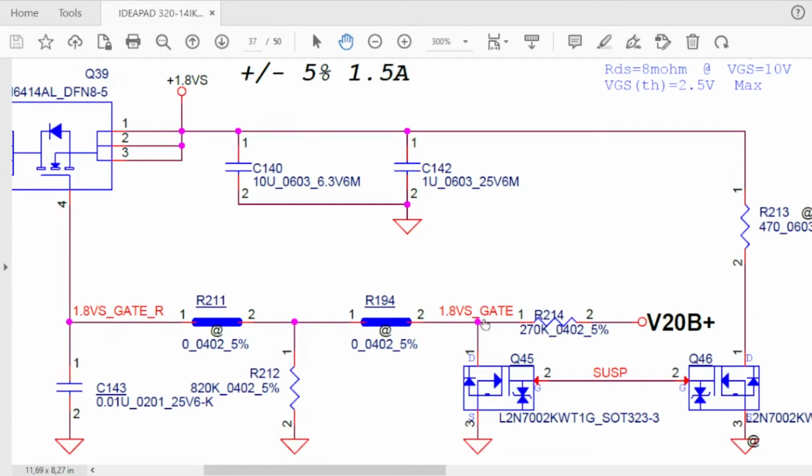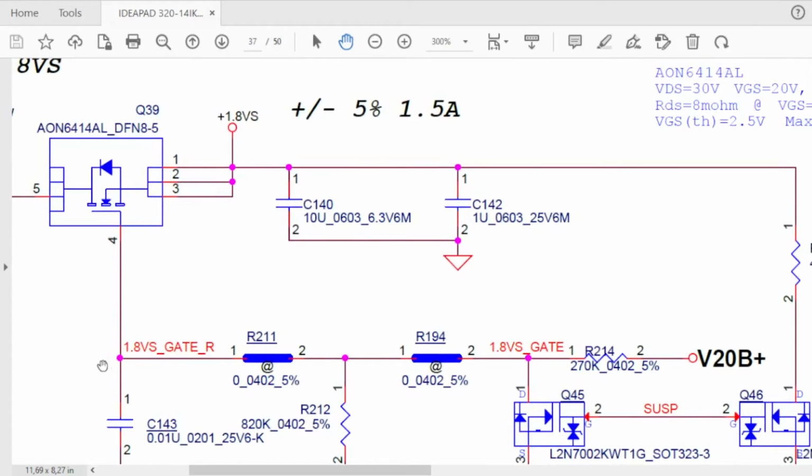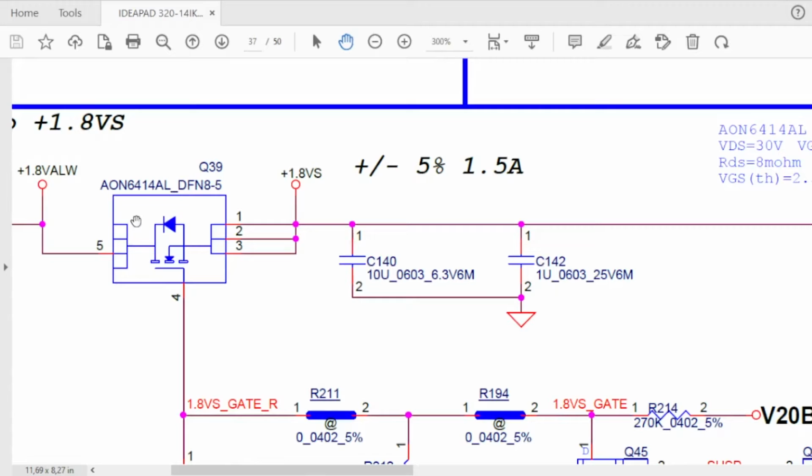This will work as a voltage divider, I think. If both resistors, R214 and R212, are working as a voltage divider, the voltage at this point must be higher than 1 volt. So this voltage value can activate this MOSFET.